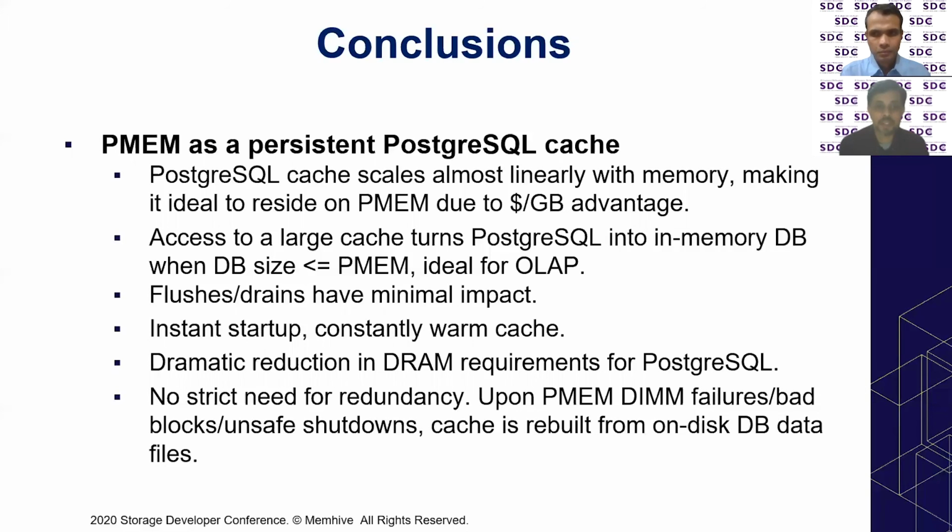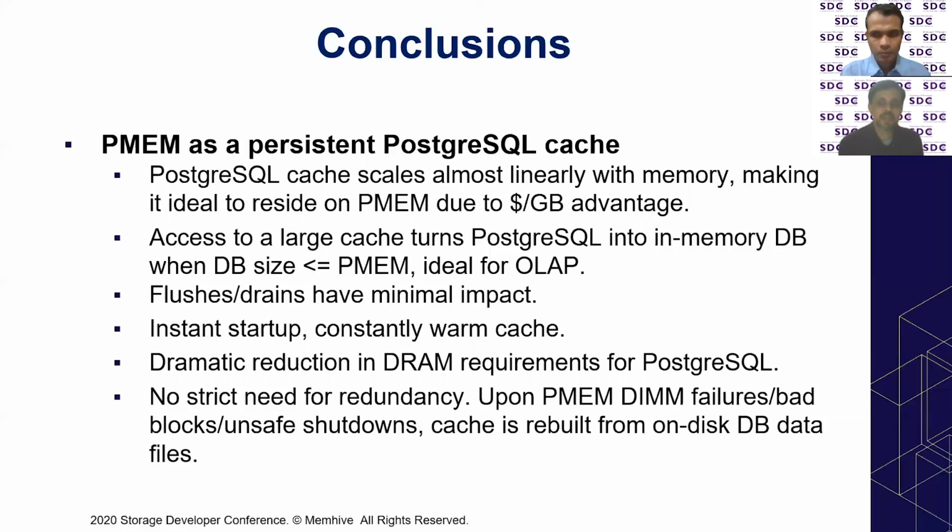Like I mentioned earlier, in order to reduce the cost, DRAM is much more expensive compared to persistent memory, especially Intel Optane, if we consider $1 per gigabyte. So when the aim is to reduce DRAM, automatically the cost also reduces. So this is actually a replacement for DRAM for accommodating large databases into memory.